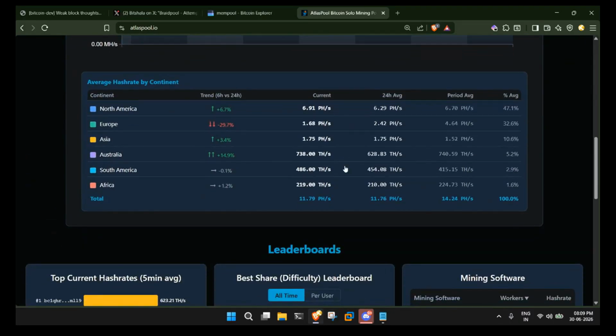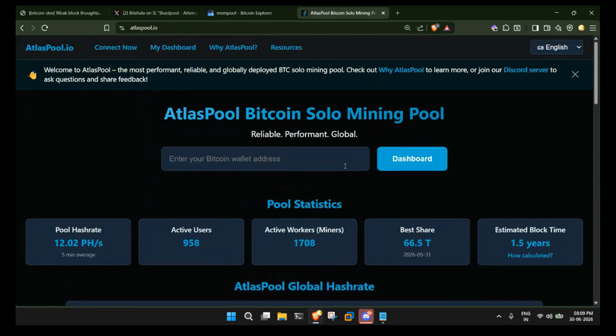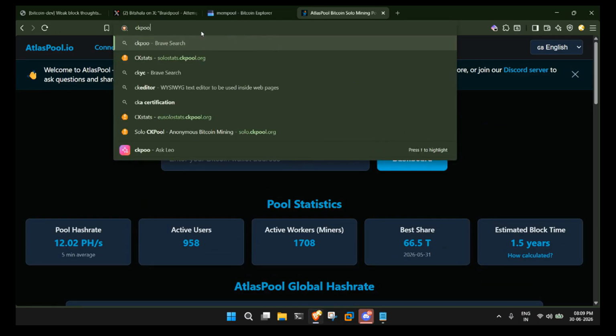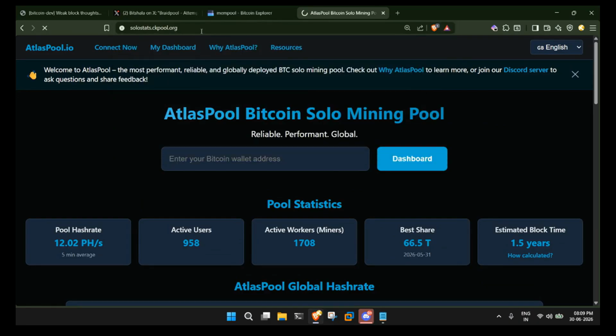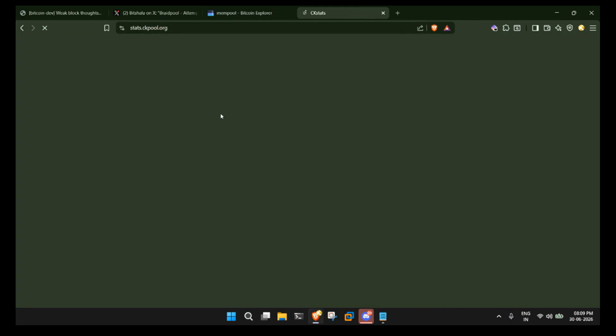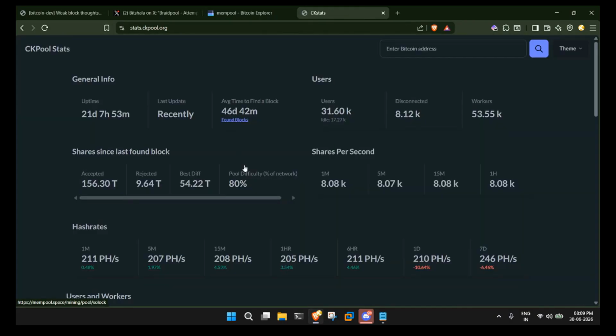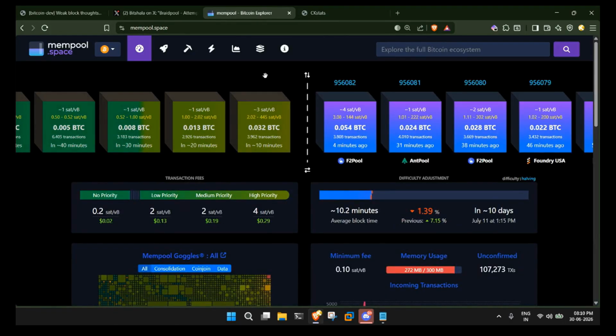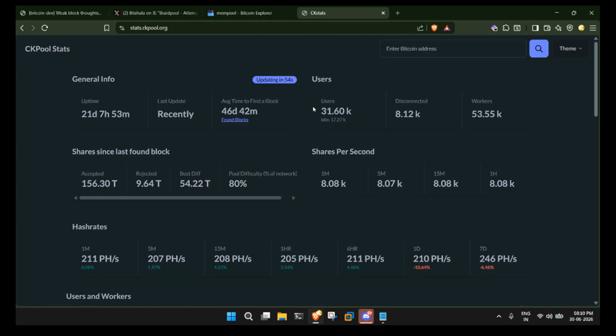You will see all those details on their website. Similarly, if you go to CKPool, you can see how much cut they take, roughly 2.5%. In that case, you don't need to run your own node. They provide you the template and everything, but you run as a solo miner.